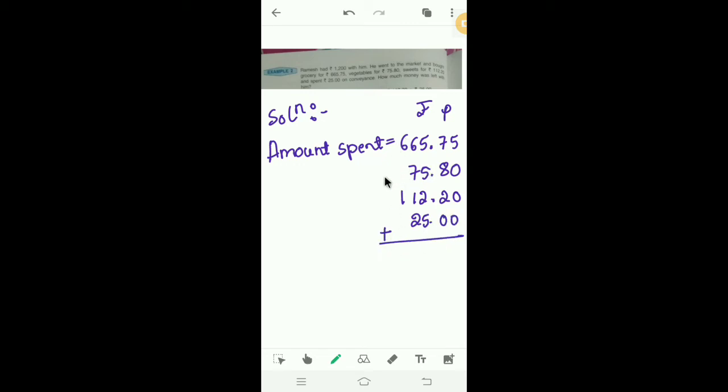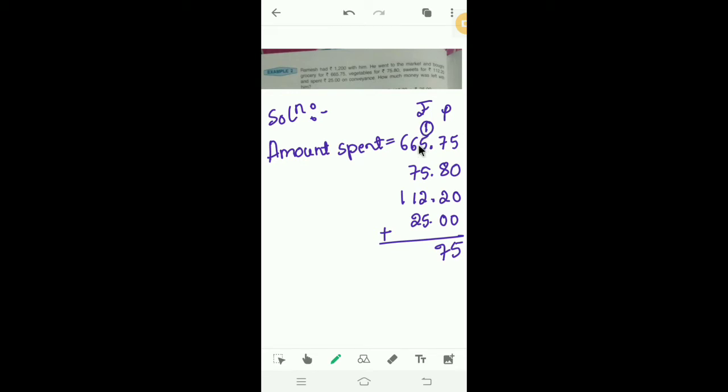Next we have to add all the money. 5 plus 0 plus 0 plus 0 is equal to 5. 7 plus 8 is 15, 15 plus 2 is 17, 17 plus 0 is 17. So I will write 7 here and 1 carry.